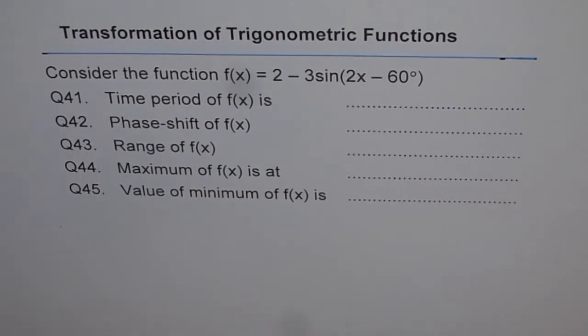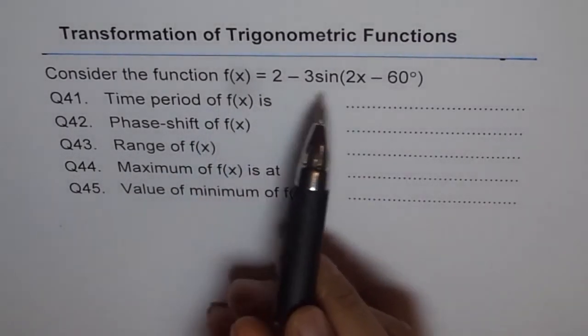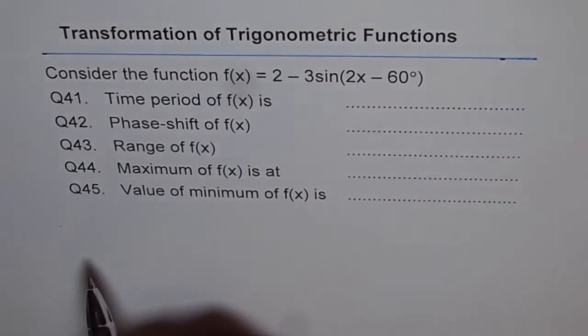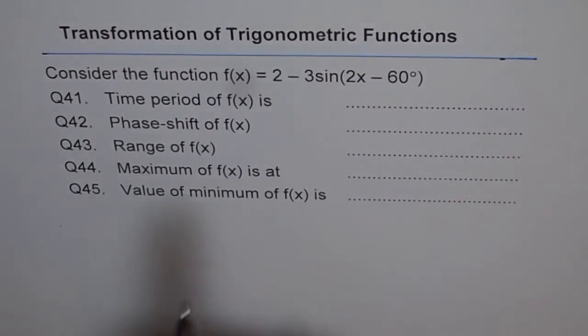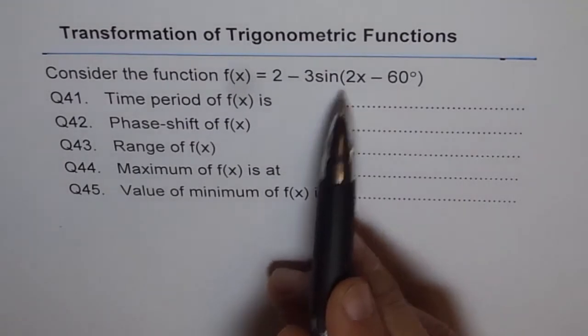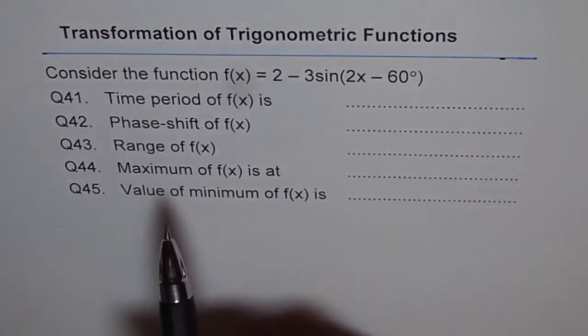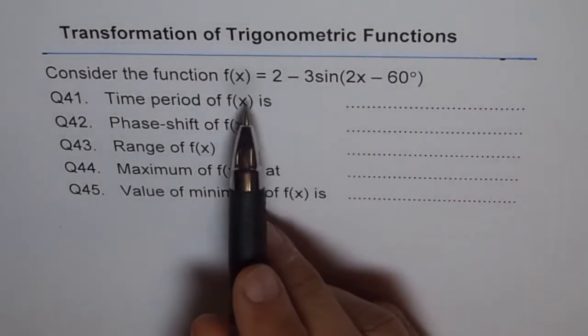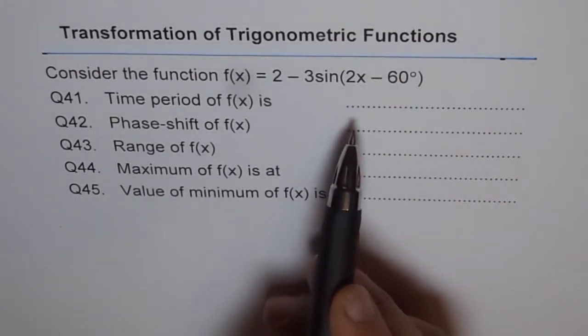Here is my suggestion. Whenever you are given a function like this, I have seen students making a lot of mistakes. A major mistake is that they do not factor out this 2, and that creates a problem in writing the phase shift. So first thing is, rewrite this equation in standard form.